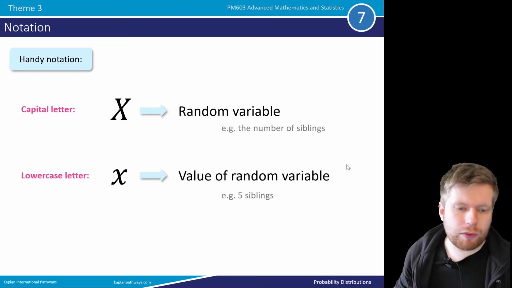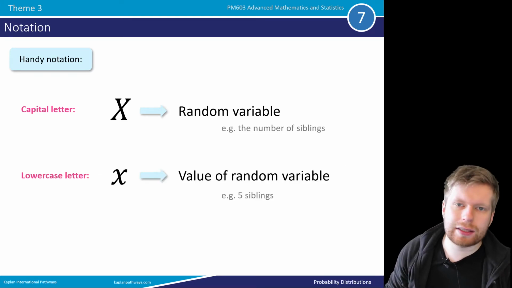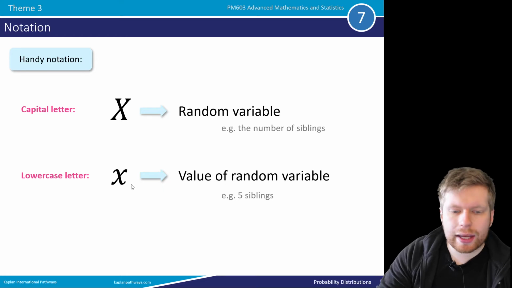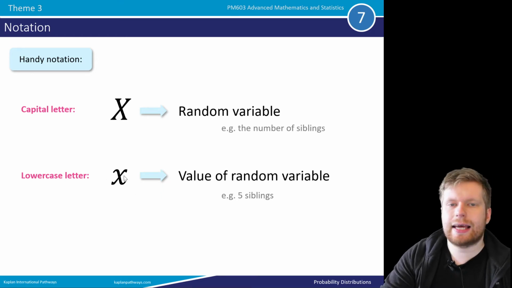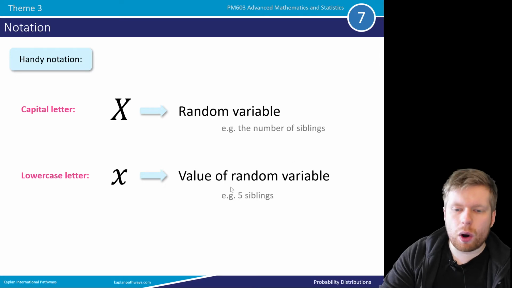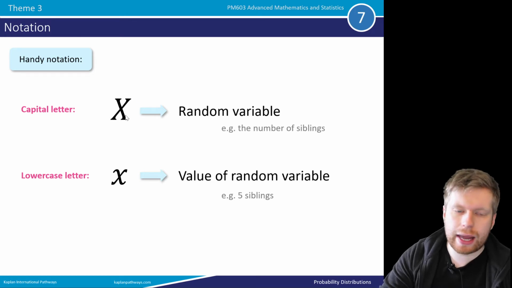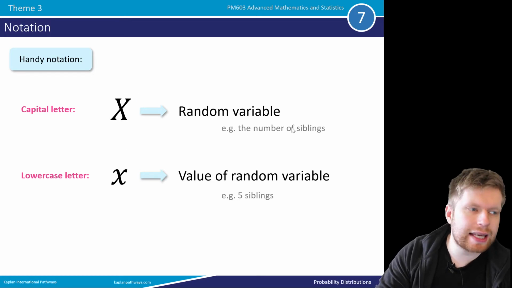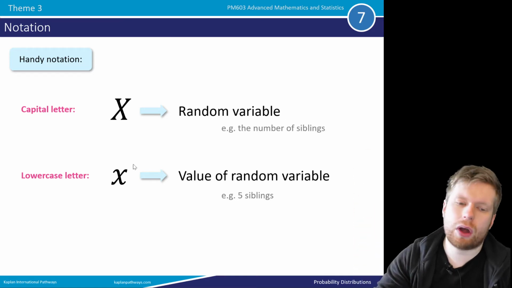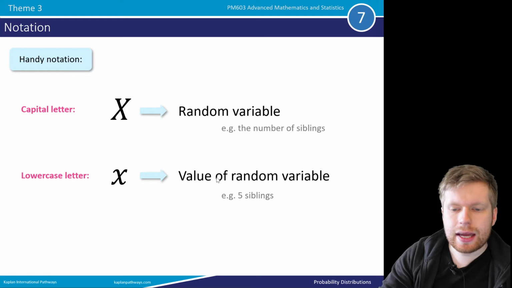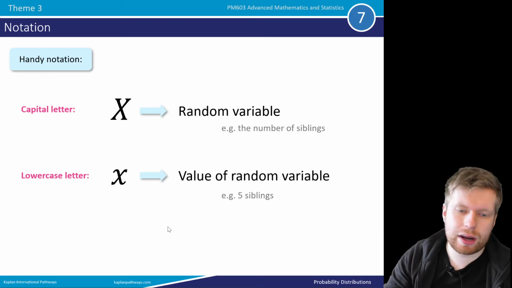But then the outcome of that probability, or the value of that random variable, will be the lowercase letter of whatever we choose. So if we choose X up here, then the lowercase letter x will represent the value of the random variable. Now it could be Y and y or Z and z, whatever random variable you let it equal, but as long as the capital letter is the actual random variable, that's the entire set of outcomes, the sample space if you like, and then the lowercase letter is a specific value of that random variable.